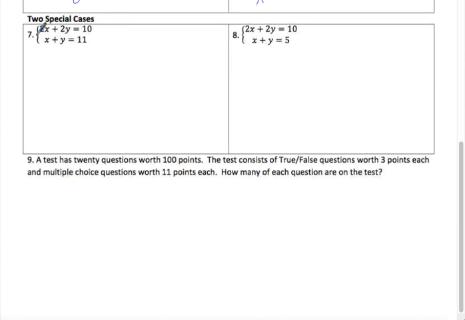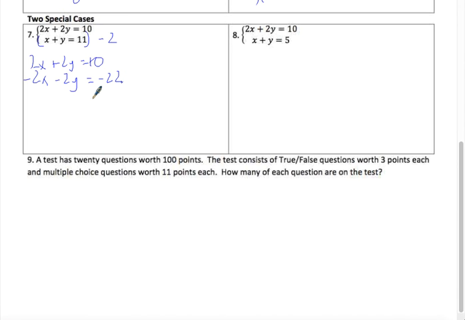We can see right away, if you multiply the bottom equation by negative 2, because we want a negative x and a positive x, then our 2x plus 2y equals 10, negative 2x minus 2y equals negative 22. But if we add these two equations together, we notice that everything cancels out.